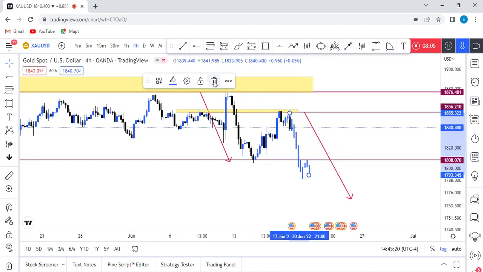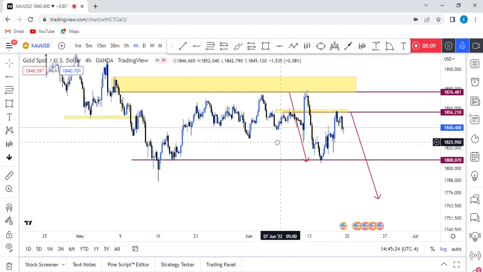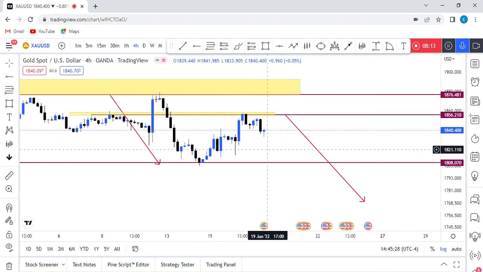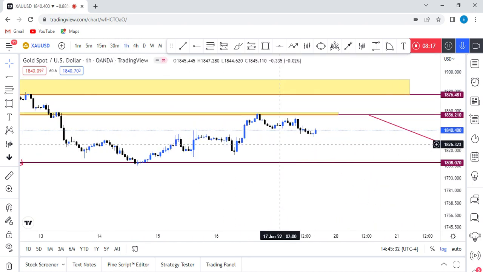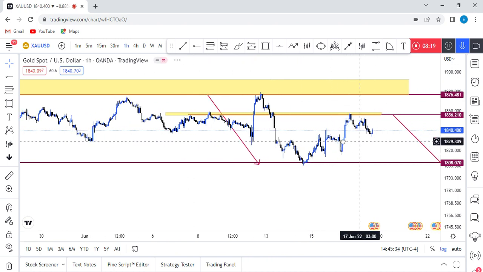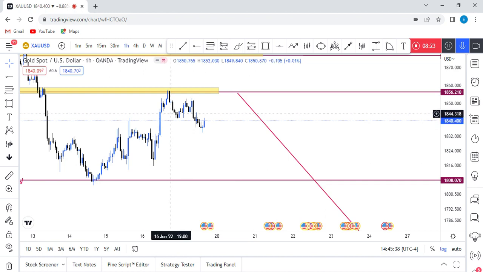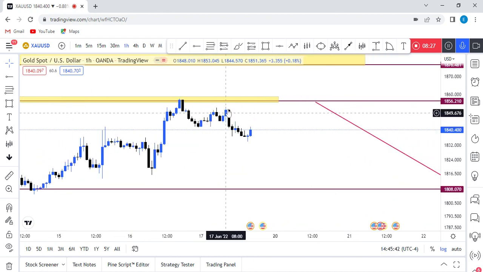Okay. So gold, we must continue to hold our sell setup, but if you are not in the market, then you can come to small time frame so that you can put your order here. As we see here, there is another setup within the setup.